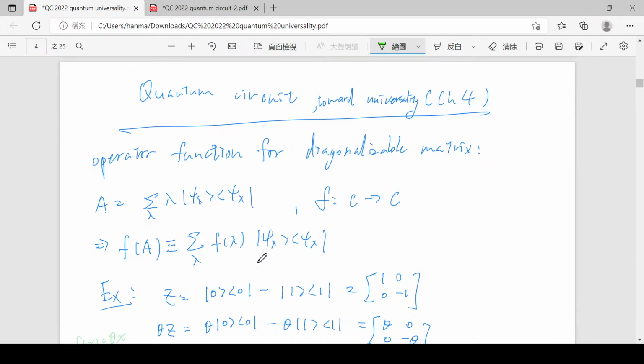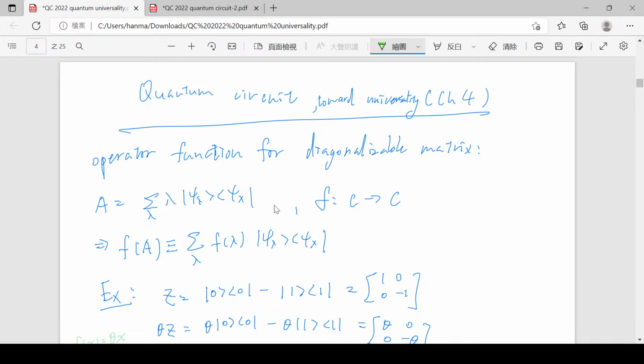And then we want to extend this function onto matrices. And how do we define that? Here is how we define it. Assume our matrix is diagonalizable.